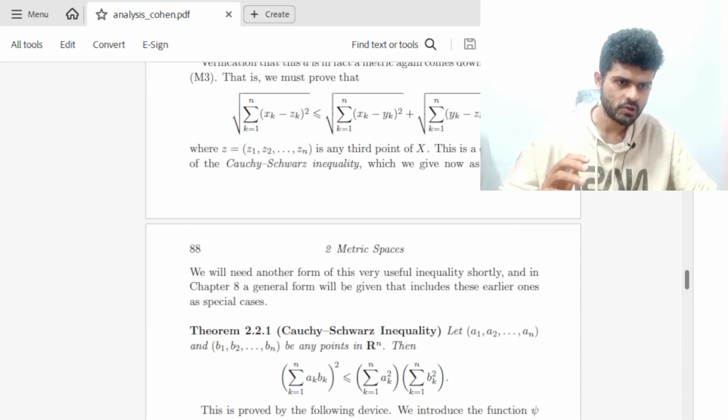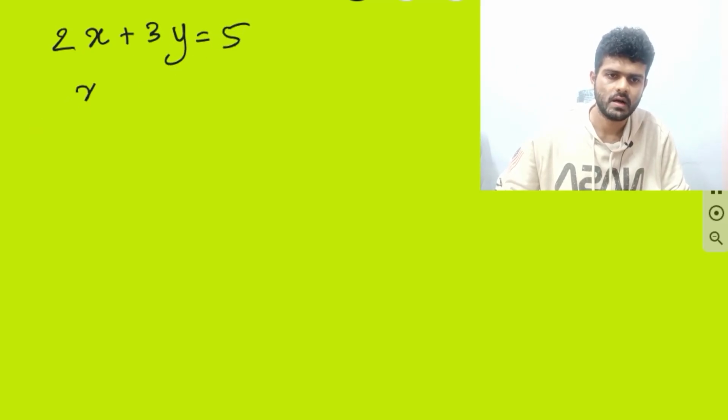Let me set the context here. Let's write something on the yellow board. For example, if you have a system, let's say 2x plus 3y equals 5, x minus 9y equals minus 1.